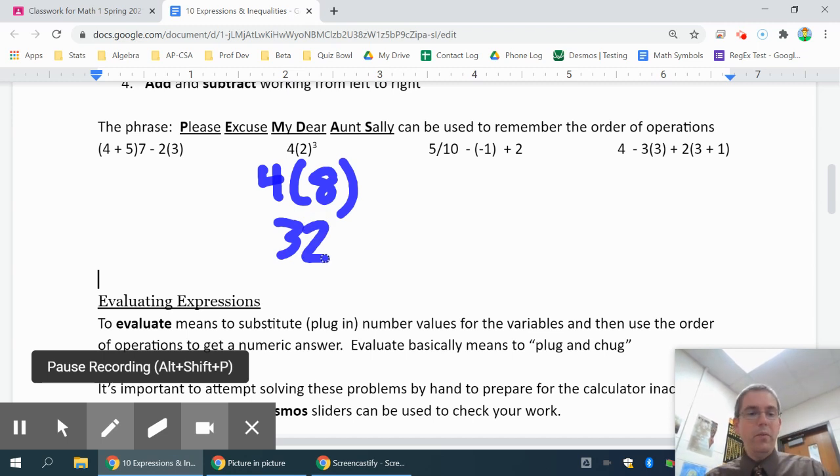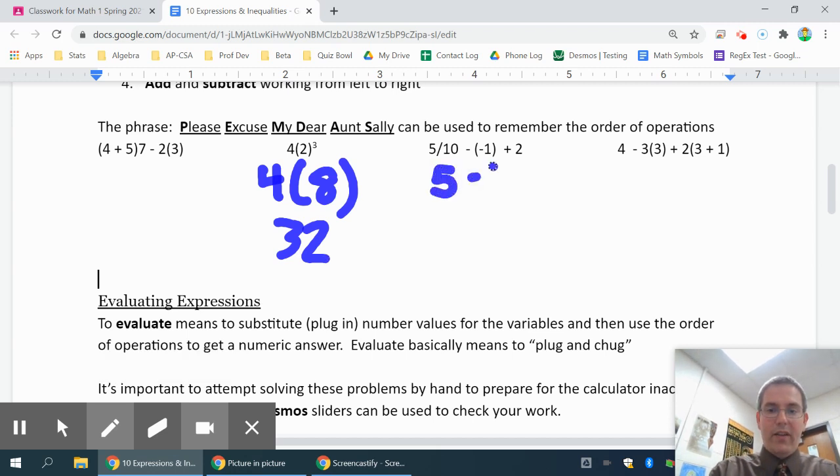On this next one, there are no parentheses, no exponents, nothing to simplify inside parentheses. So the next thing I'm going to worry about is dividing and multiplying. And 5 divided by 10 would be a 5. Now, the next thing I have is 5 minus, technically I could write that down, 5 minus negative 1 plus 2. Now, as I keep going, I have this double sign thing.